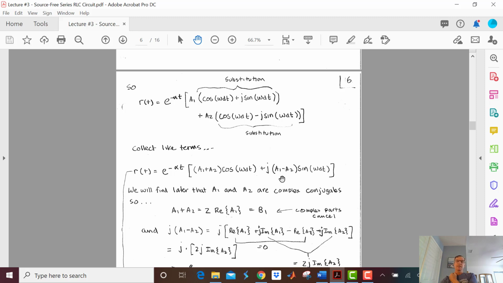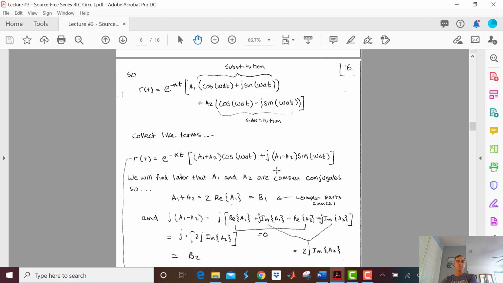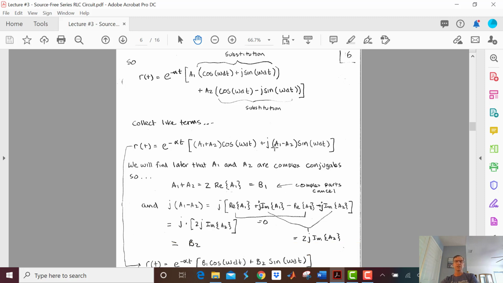So now things get a little more tricky here, where we have A1 minus A2. It's actually j times A1 minus A2. So I'm going to split up A1 into its real part and its imaginary part. And I'm going to split up A2 into its imaginary and real parts.